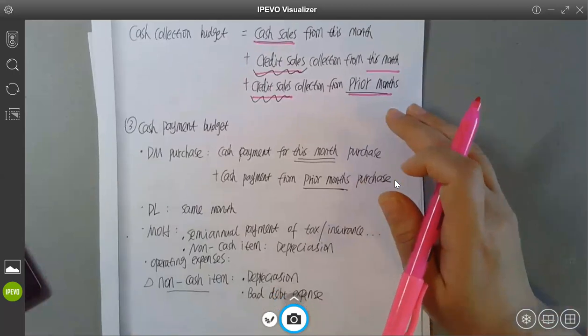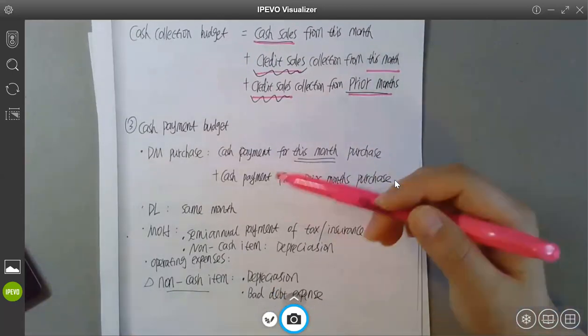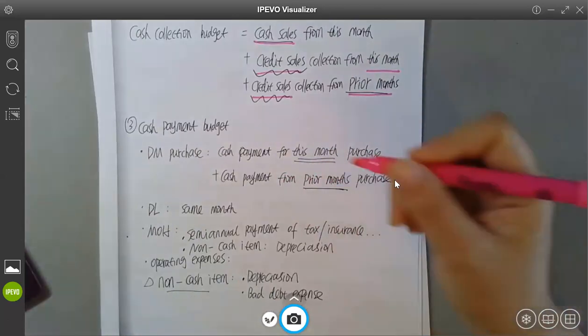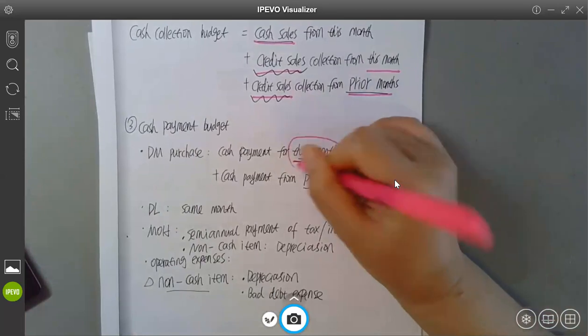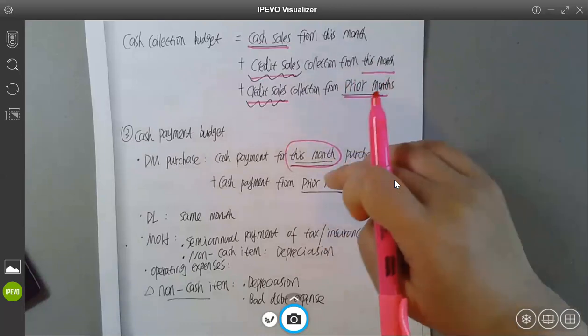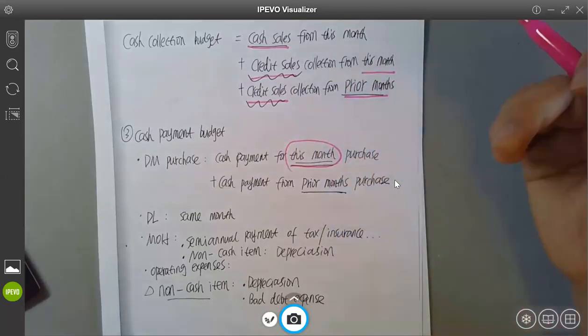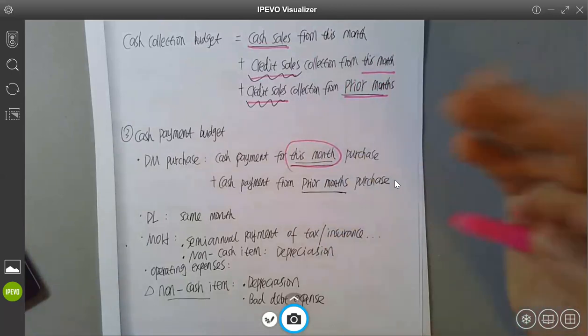Cash payment budget is easier, but a similar idea. For direct material, when you buy things, sometimes you pay the same amount, so your cash payment includes this month's purchase, but sometimes you don't pay until next month. So let's say you buy things in January, February, March.